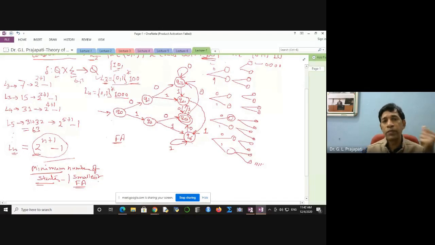There are a number of ways to construct the FA for any given language. Like you are given some problem, and if somebody asks you to construct an algorithm for it, there are a number of possible algorithms. Everybody can construct the algorithm in their own way.